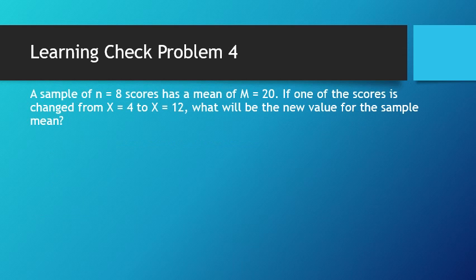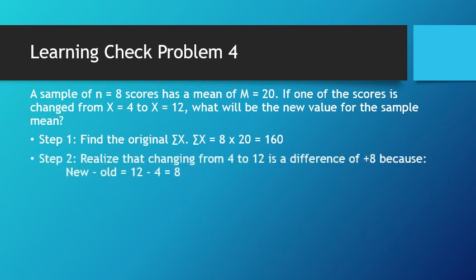Learning check 4. A sample of n equals 8 scores has a mean of 20. If one of the scores is changed from 4 to 12, what's the new value for the sample mean? Pause the video and work the problem. Step 1, find the original summation of x, which would be 8 times 20, which gives you 160.